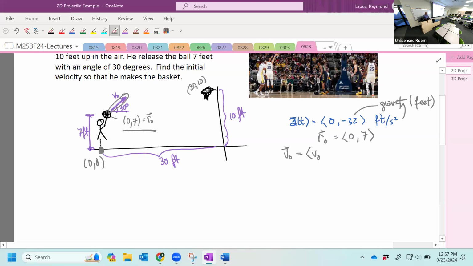And whenever we're given an angle of inclination like this, we're going to use cosine and sine. You can work out the x is the cosine and the y is the sine by using the triangle stuff. But we've seen that enough times that I hope it's going to be kind of semi-natural for you.